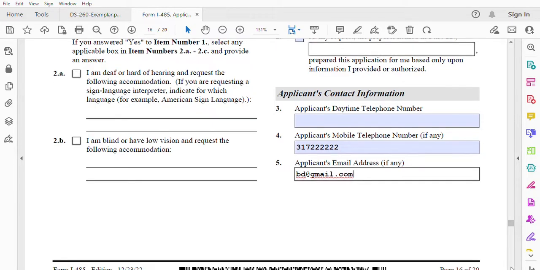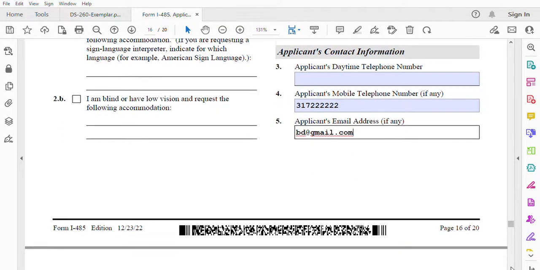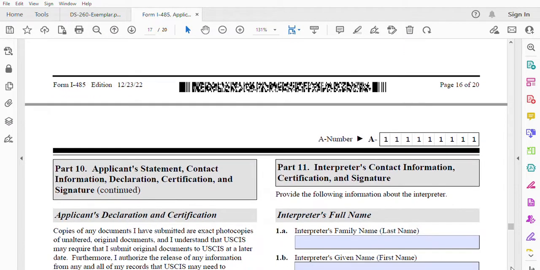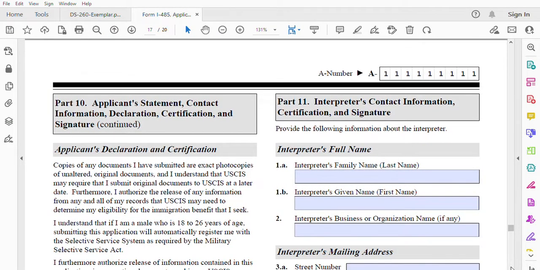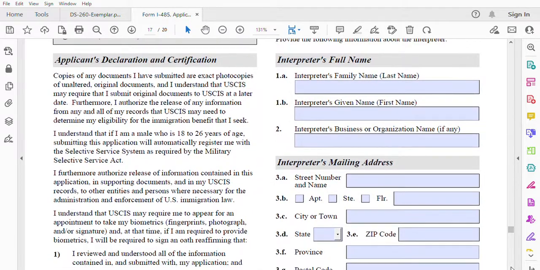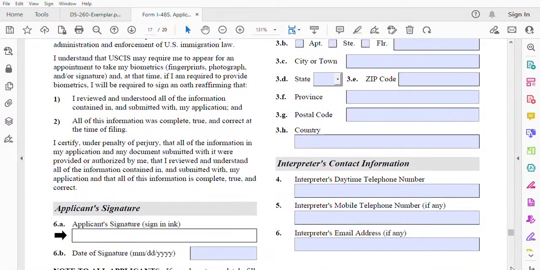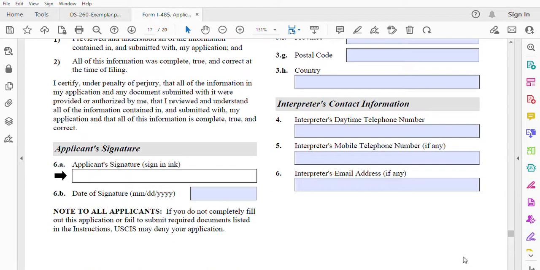That's the way USCIS will communicate with you. We're still talking about Part 10, applicant declaration and certification. Applicant signature and the date. I want to talk about this a little bit. I always do zero today. What is the date today? 04, 15, 2023.